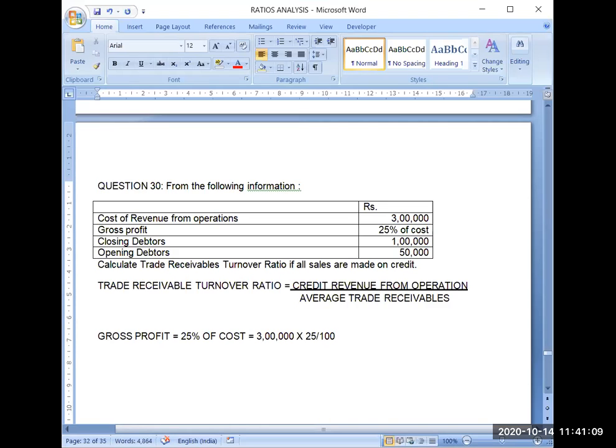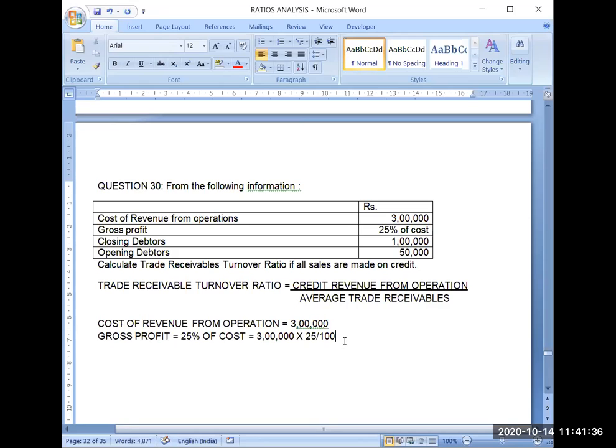And here you can also mention cost of revenue from operation is equal to this, so that the examiner feels most comfortable in checking. Whatever information is given in the question, write that information also while solving the question. Cost of revenue from operation is equal to 3 lakh.